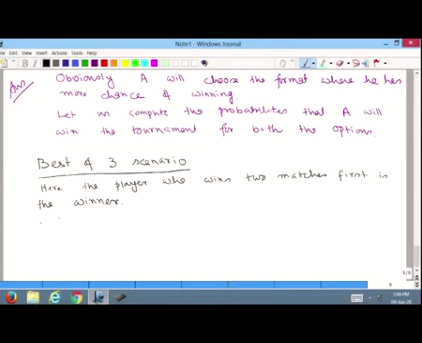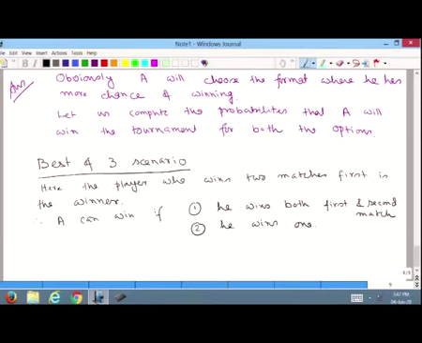Therefore, A can win if one, he wins both first and second match, or he wins one of first and second match and then wins the third match.